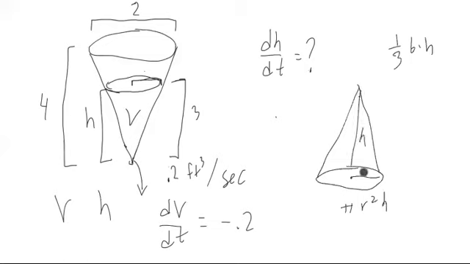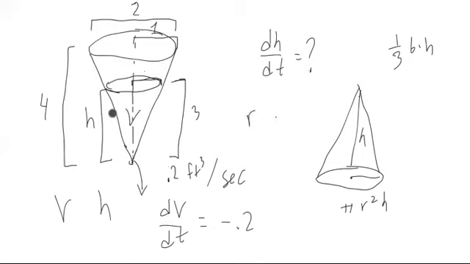This radius really is dependent upon how high we are. We can think about ratios of similar triangles. The ratio from radius to height is 1 to 4, so the radius is going to be 1/4 of whatever the height is.